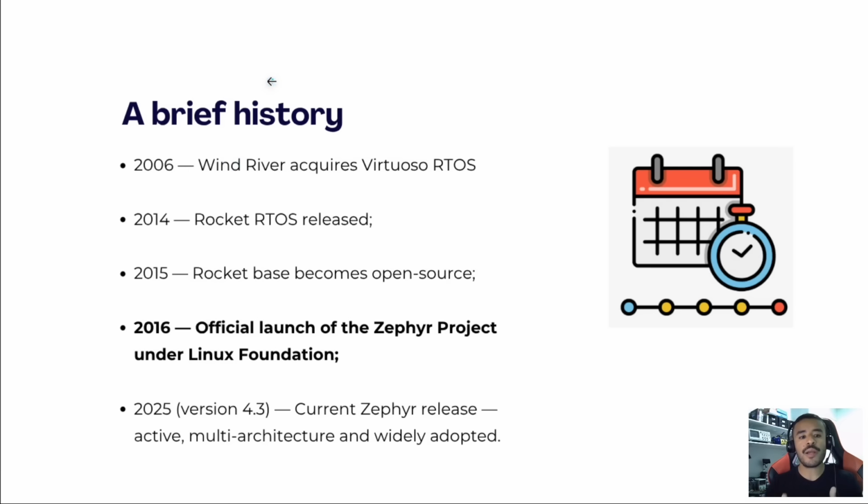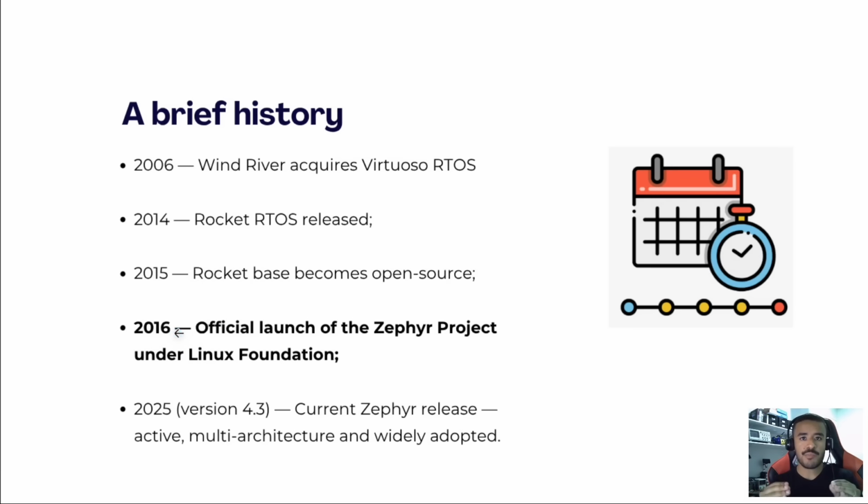When we were talking about the brief history, Zephyr didn't start all at once. Before Zephyr, there were some RTOS projects such as Virtuoso and Rocket RTOS that later evolved into what we have today.